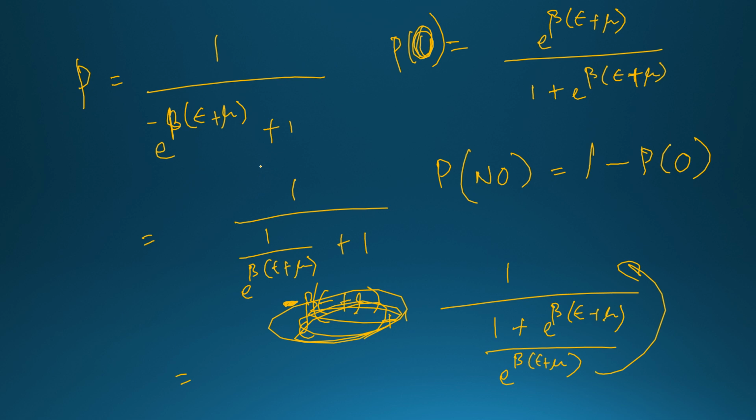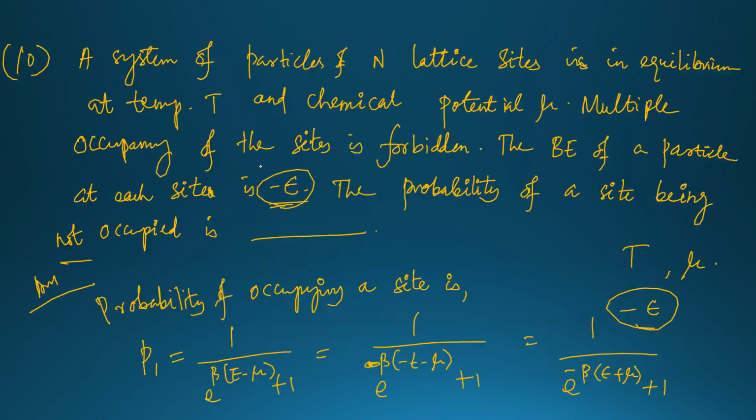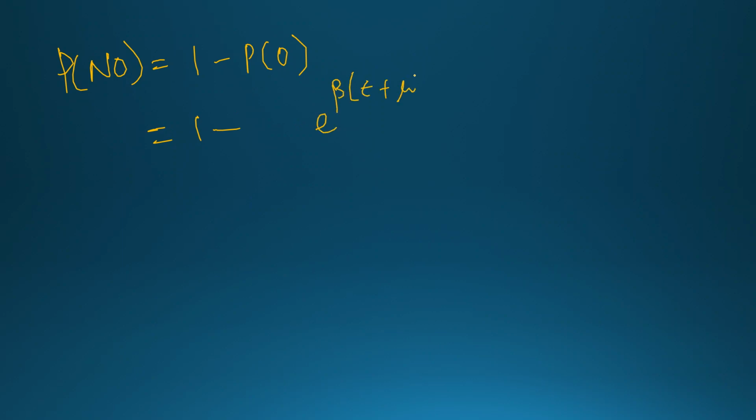So P not occupied is equal to 1 minus P occupied, which is 1 minus e to the power beta (epsilon plus mu) divided by 1 plus e to the power beta (epsilon plus mu).